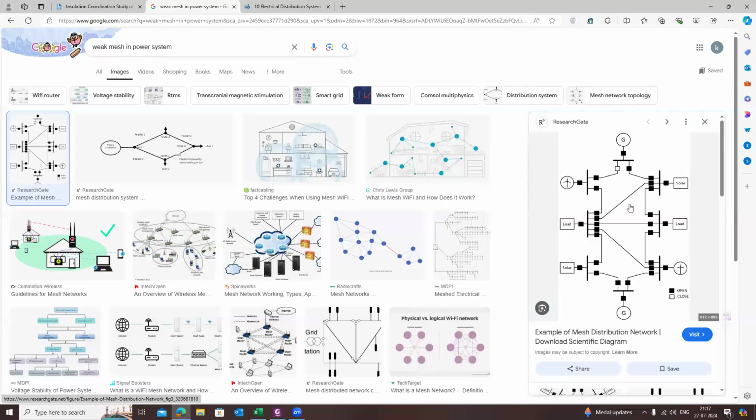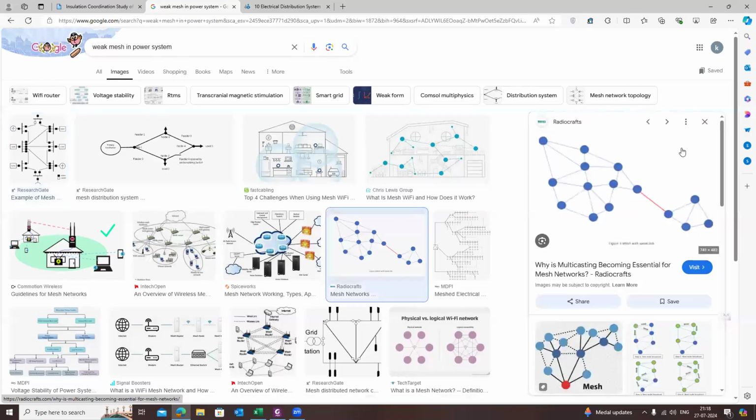Why am I calling it weak? Because in this network very few parallel paths are available. So if this breaks or if this breaks, the number of parallel paths is less. That's why we call it a weak mesh system.